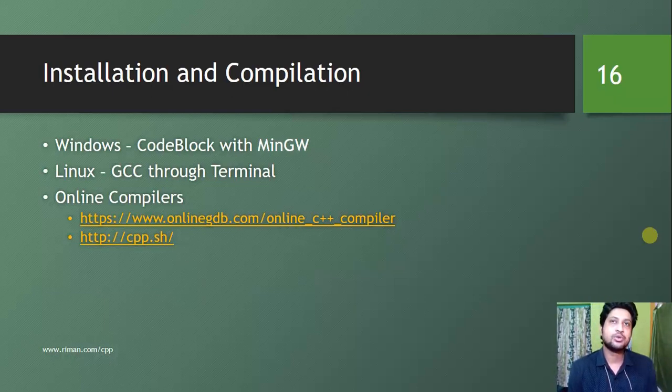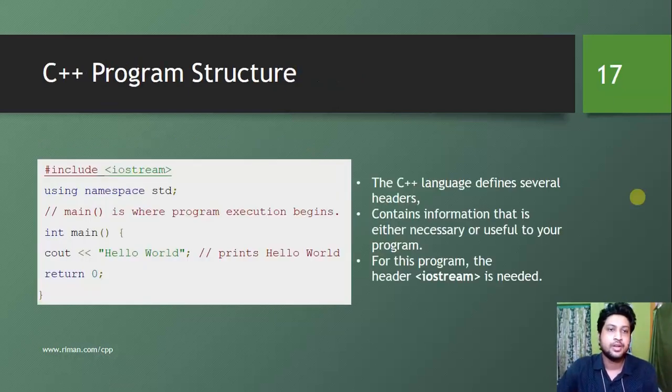C++ also has some online compilers, like online GDB and cpp.sh, which are popular online compilers available on the internet. Throughout this course, we are going to use Windows with Code::Blocks, as well as some online compilers. So now we can have a closer look at the C++ program structure.